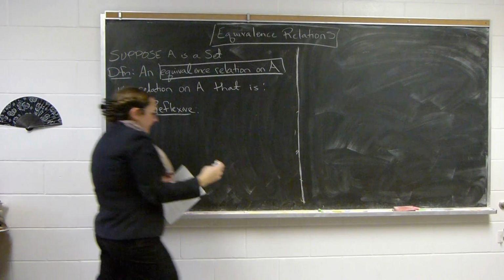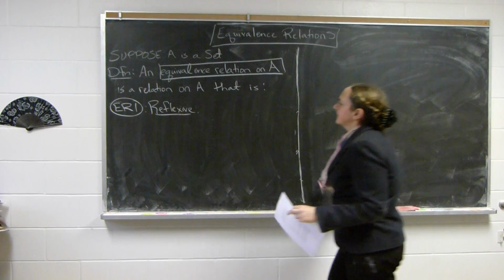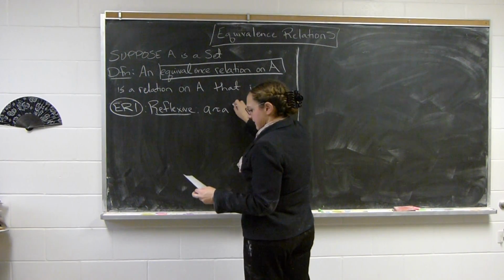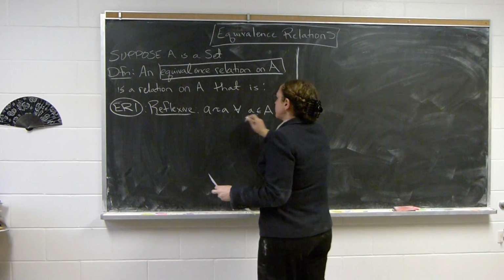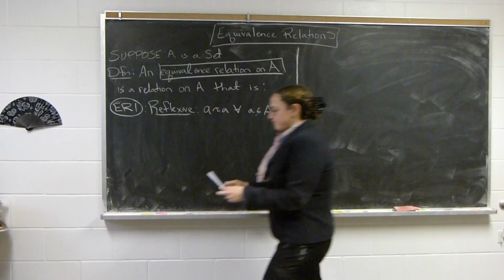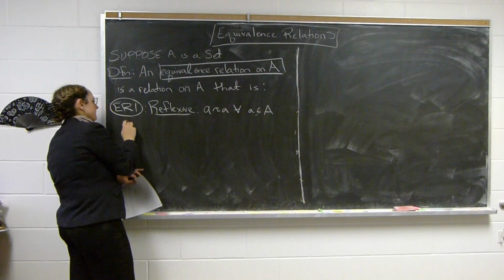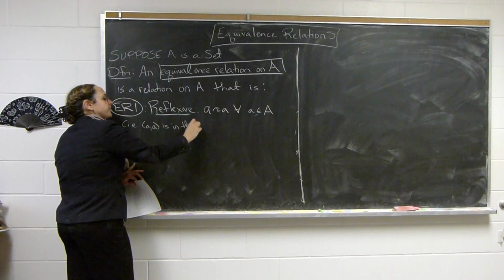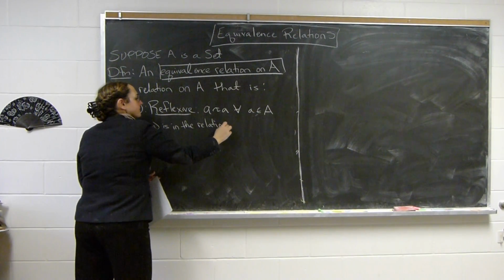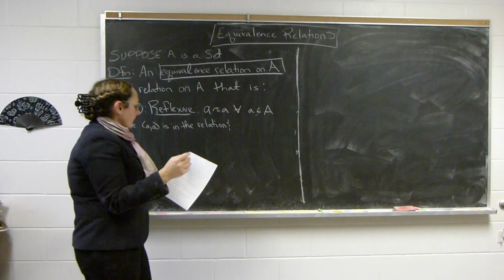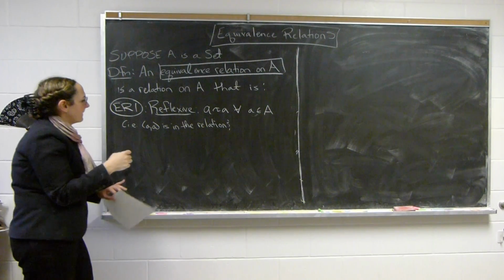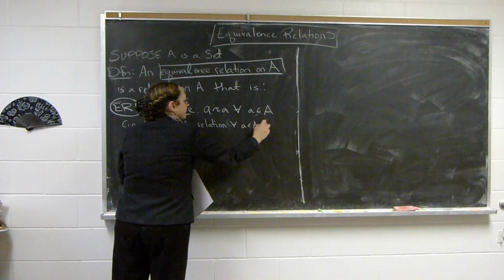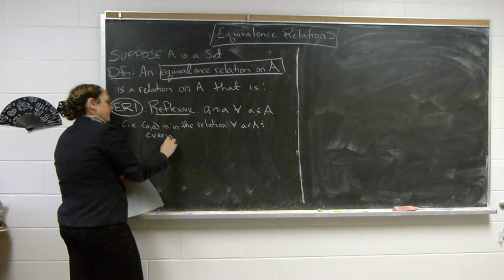Okay, so reflexive is that we have A is related to A for all A in A, which is the same thing as saying that (A, A) is in the relation, and every element is related to itself.